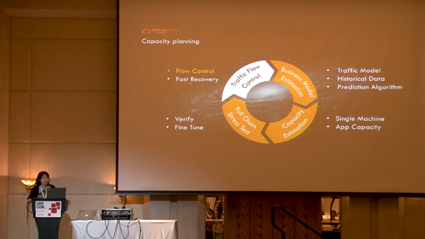Before that, we were discussing capacity planning, which is based on the first estimation in the first step. Such estimation comes from a complex model with historical data and an algorithm as input.